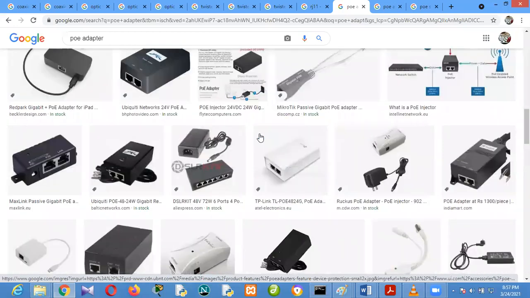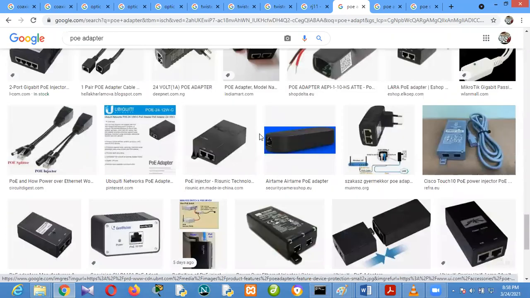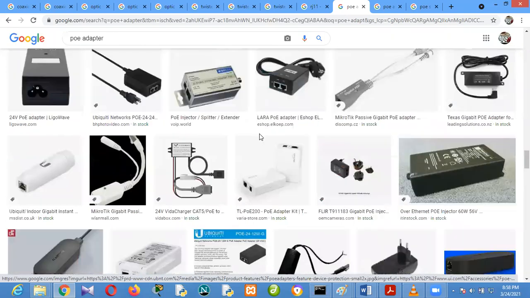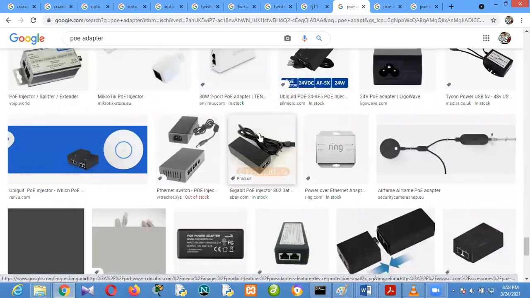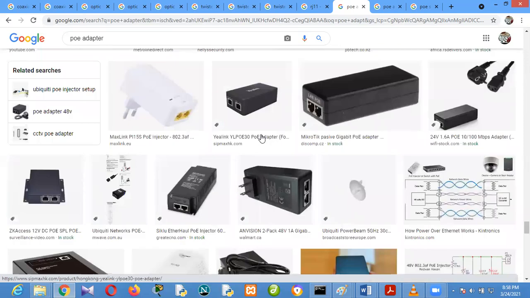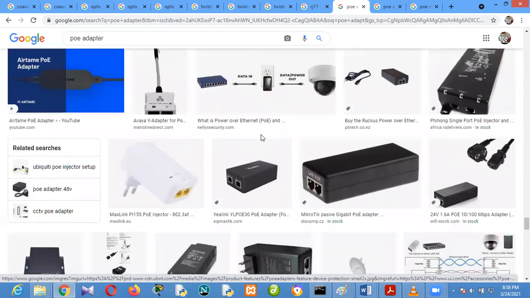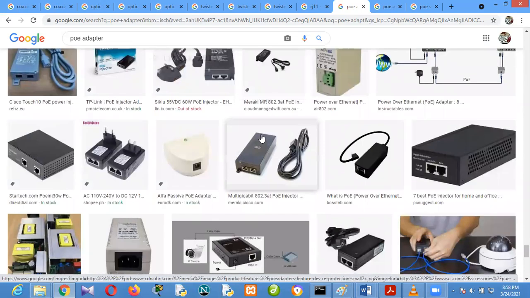Let me see if I can get something that is reasonable. Oh, I can't see something I can use for that, but that's the way it is.